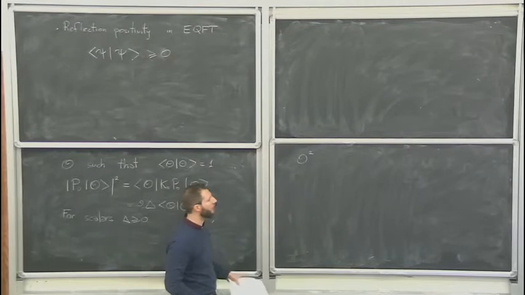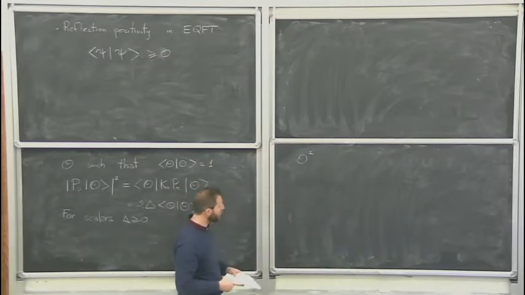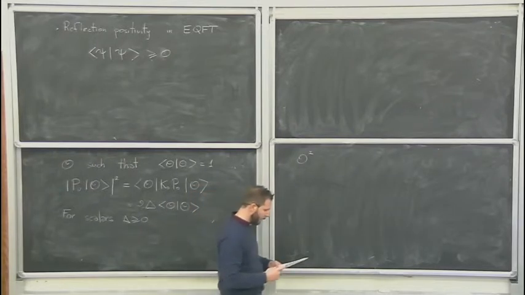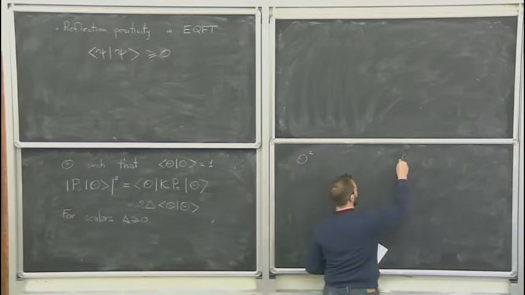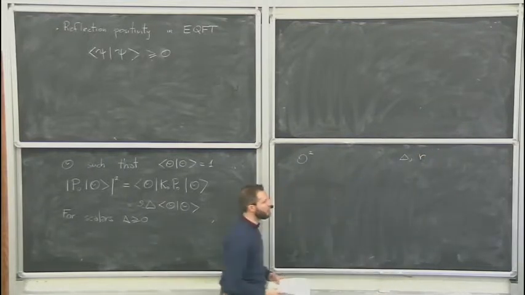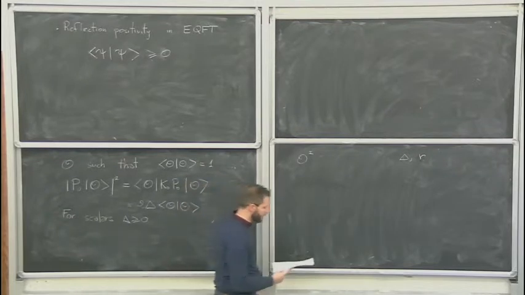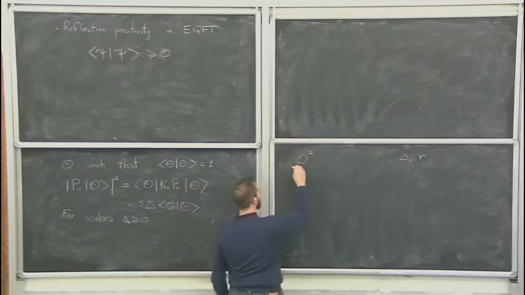It belongs to some representation of the Lorentz group, or the rotations, since we are in Euclidean, and it has dimension delta and let's say some spin. Let me call it little r, the irreducible representation of rotation. And so I want to consider the norm of this object.